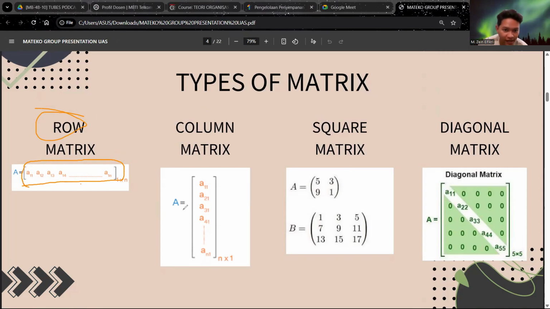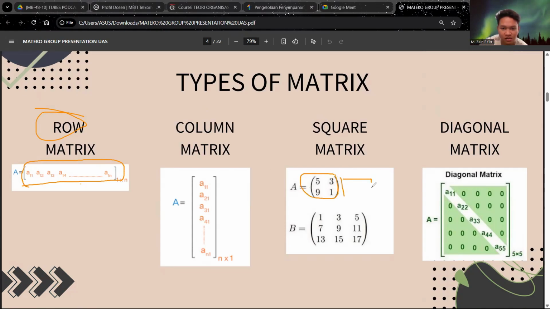The second one is the column matrix, like what you can see in this picture below: A11, A21, A31, A41, going down. Continuing to the third one, the square matrix. Why is its name square? Because the shape of this matrix is like a square.